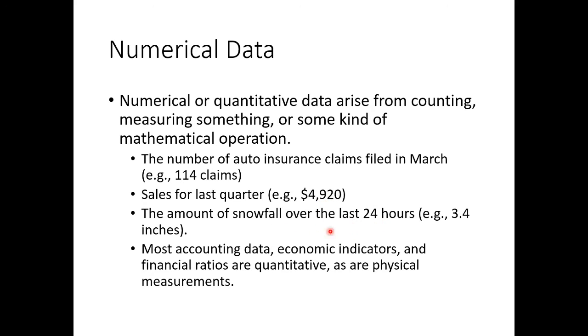And snowfall over the last 24 hours, the amount of snowfall, financial ratios, quantitative ratios, physical measurements like height, width, weight. 99% of the data are given by numerical data.